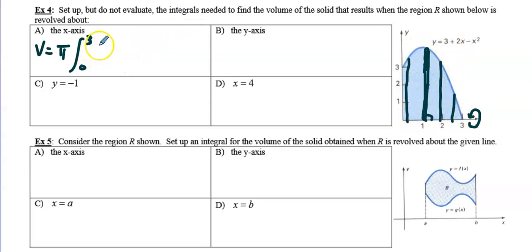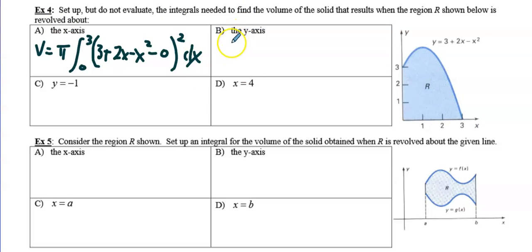So our top curve is going to be 3 plus 2x minus x squared. Our bottom curve is going to be minus 0, so I'm going to leave that alone. Actually, I'm going to go ahead and put it here. And then remember that we have to square it because we're going to create ourselves a circle, so it's going to be pi r squared. And then we're going to do our change of x. So that's how we solve that very first problem.